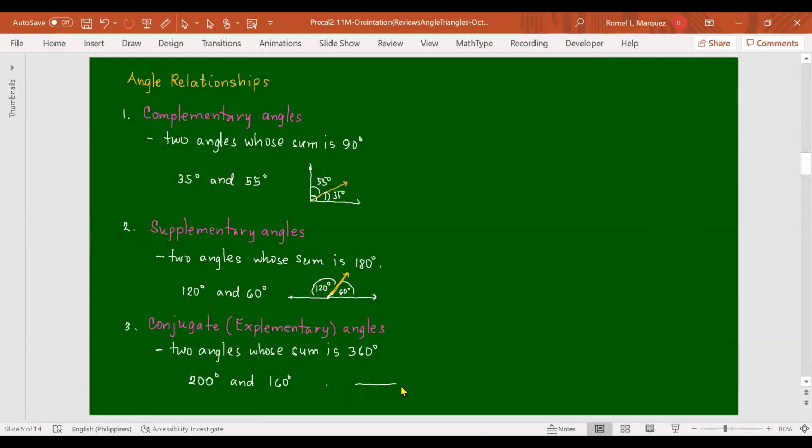If this is one of the rays or sides of the angle, 160 is this. So this is 160, and this is 200 degrees. Okay, guys? Are they clear now?